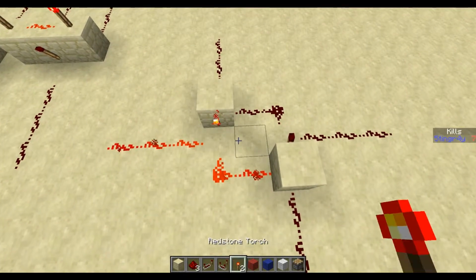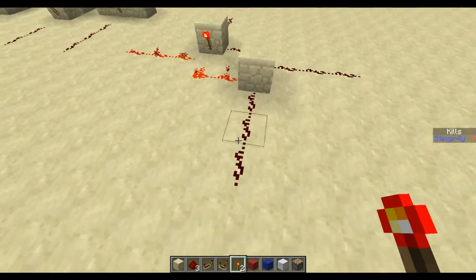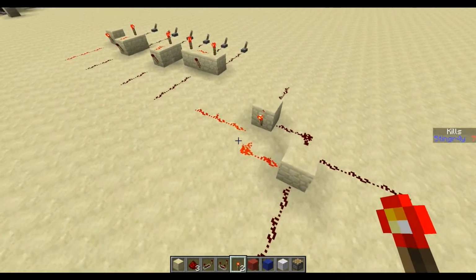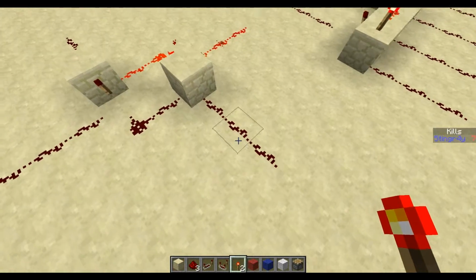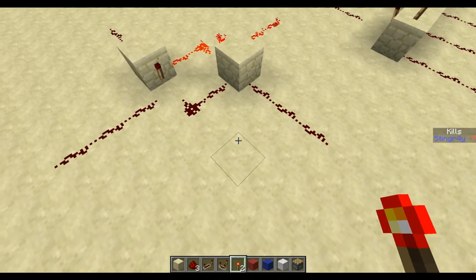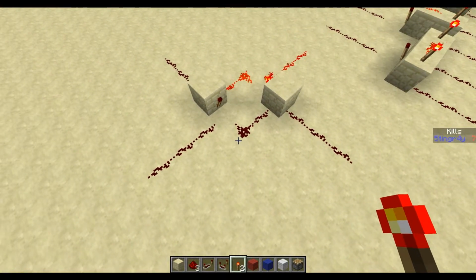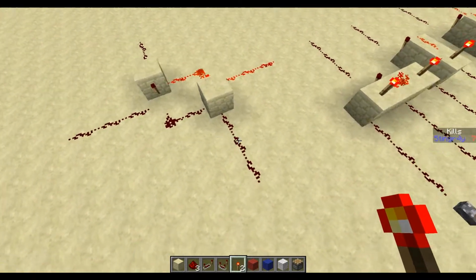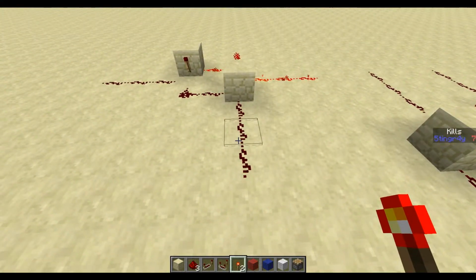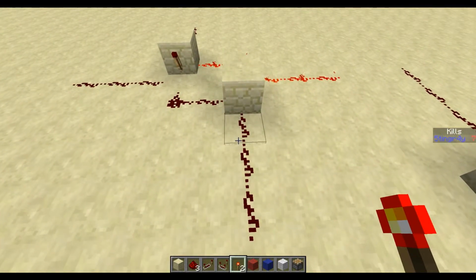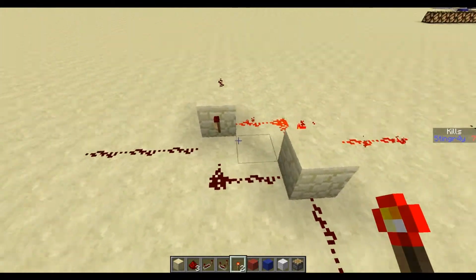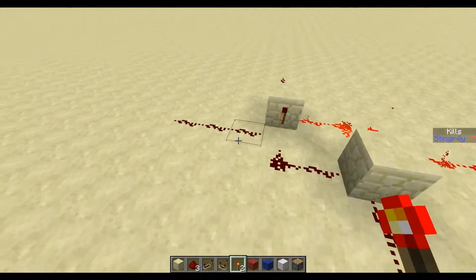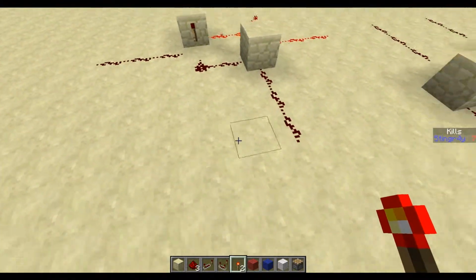And if you take a look at this, you'll notice that the outputs and the inputs are connected to each other in a certain way, which is pretty obvious because this is a function, right? But what you'll notice is that when I turn this thing on, for a tick or something, for long enough that this torch can turn off, then you'll see that this line goes on, right?